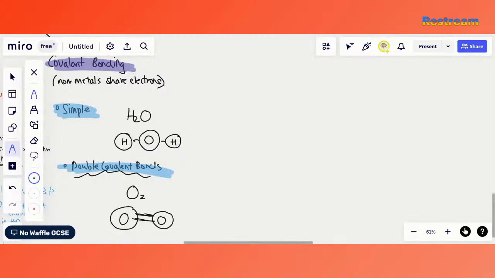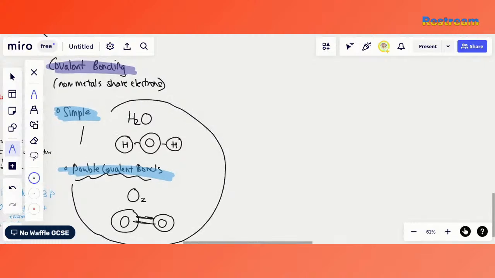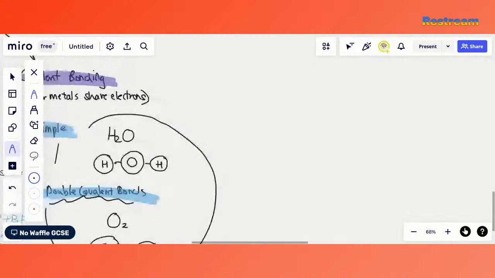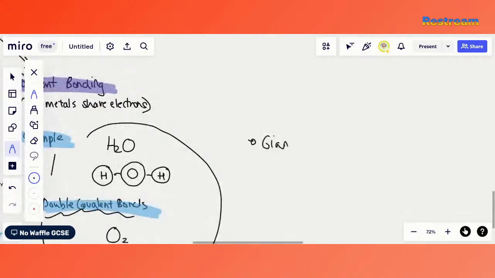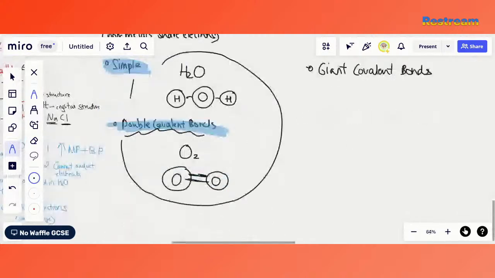Now, these are all relatively simple covalent bonds, but we also have structures called giant covalent bonds. But before we move on to giant covalent bonds, I just want to say that with simple covalent bonds, we also have specific properties that you may need to know.